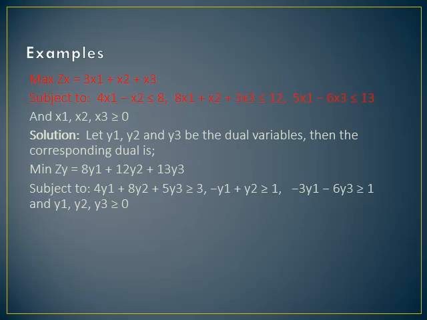So there are three decision variables, x1, x2 and x3, and there are three constraints respectively. There are three constants as given: 8, 12 and 13.